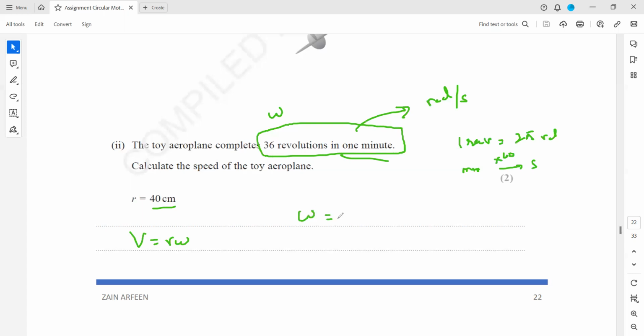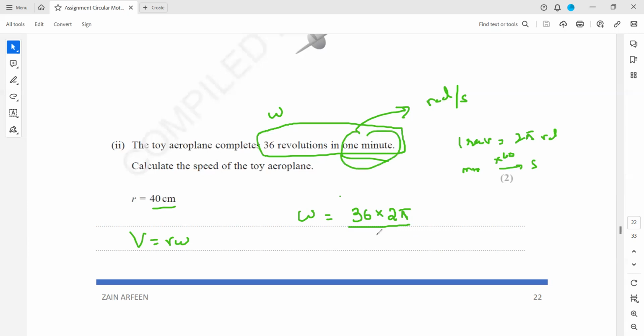First, to get omega, 36 revolutions. One revolution is equal to 2 pi radians, so 36 revolutions will be 36 times 2 pi, divided by the time interval, which is 1 minute.